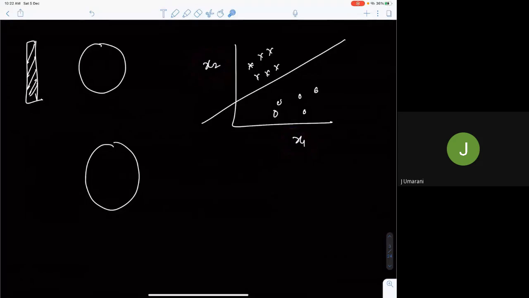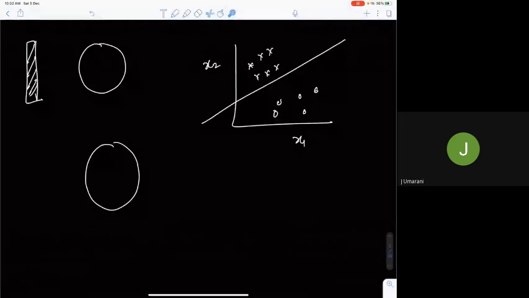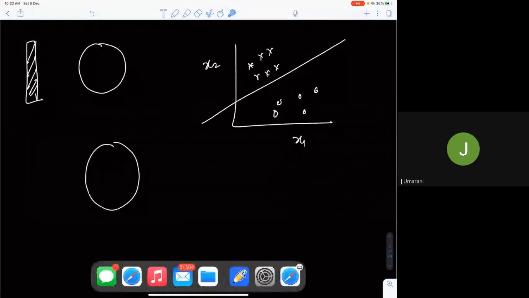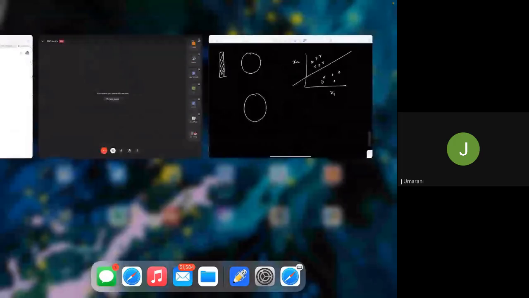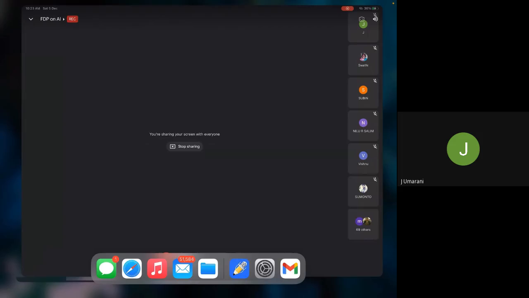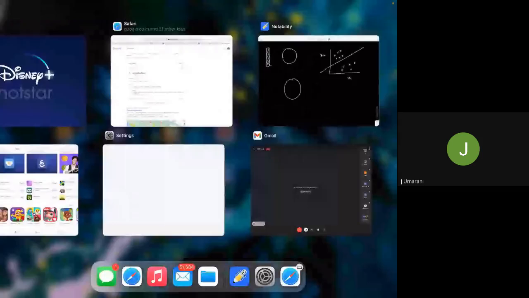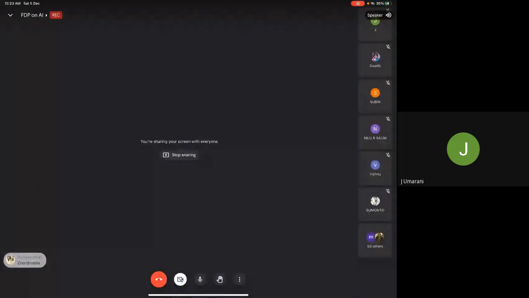If I have a line, can anyone tell me how I can know whether a point is to my left or to my right? If I give you a line and a point, how can you tell me whether this point is to the left of my line or to the right? Lina Sayyed is perfectly correct. Yes, coordinates.